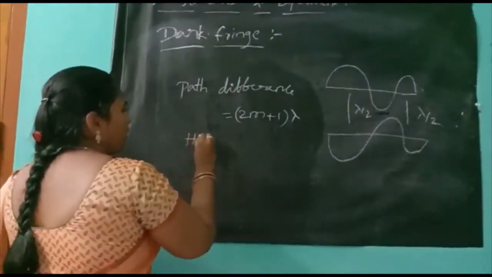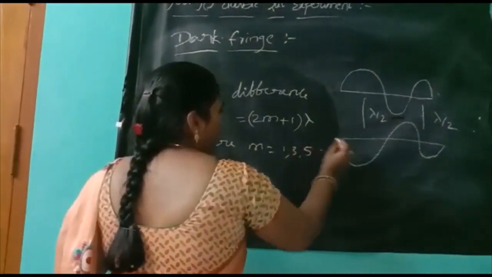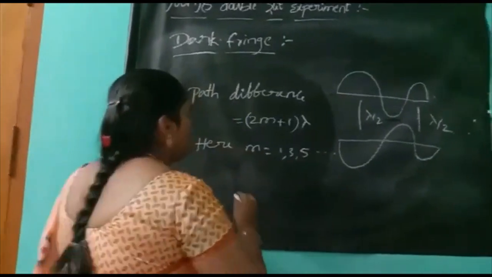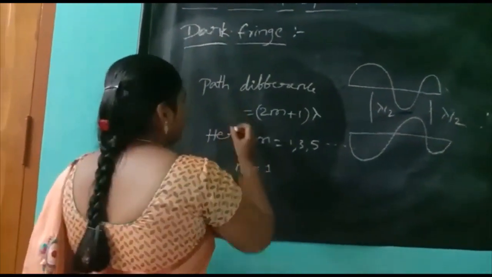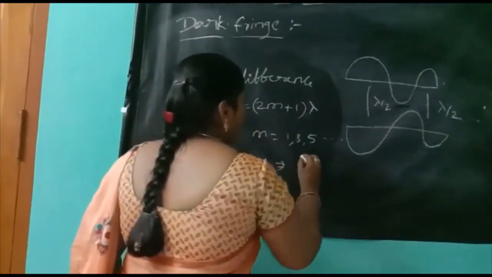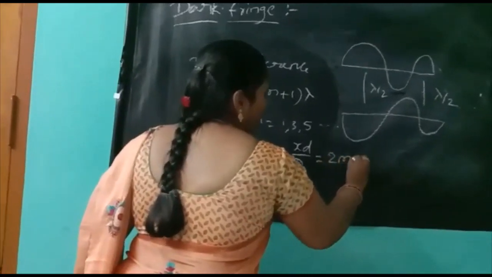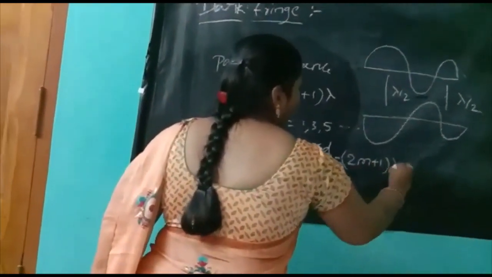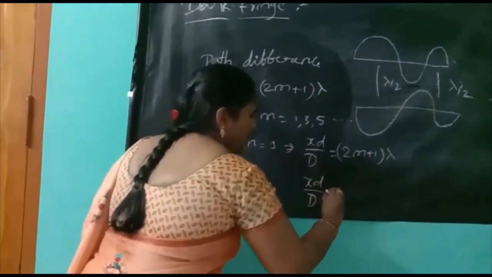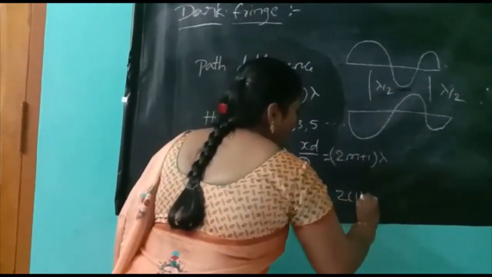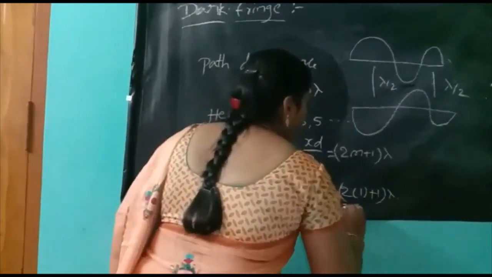Here m is equal to 1, 3, 5 odd numbers taken. Path difference XD by capital D is equal to 2m plus 1 into lambda. XD by capital D is equal to 2 into 1 plus 1 into lambda. That is called 3 lambda.